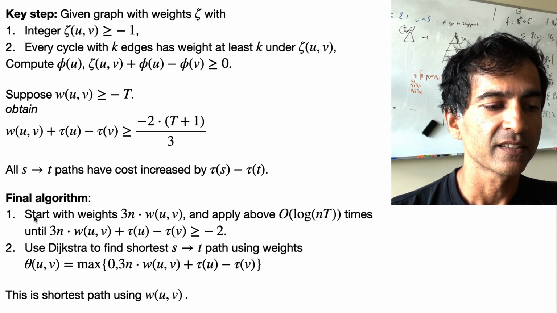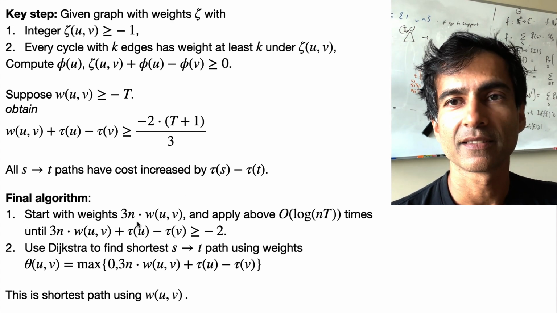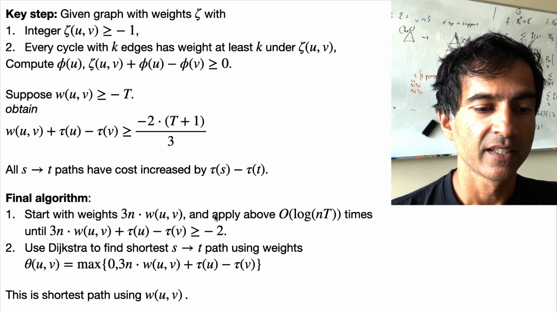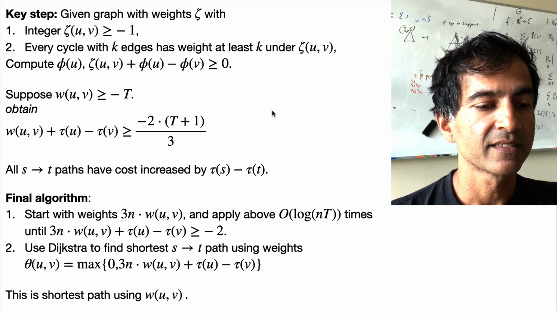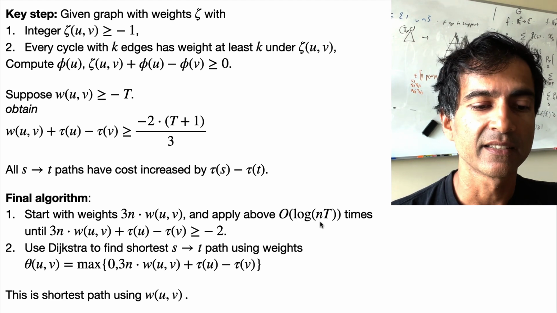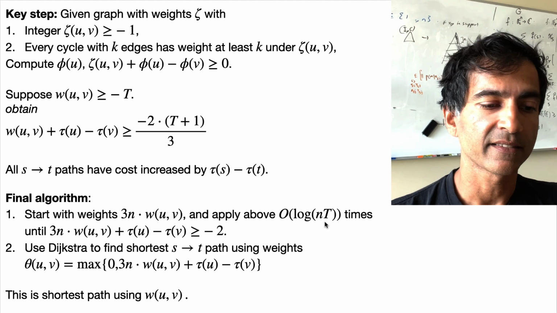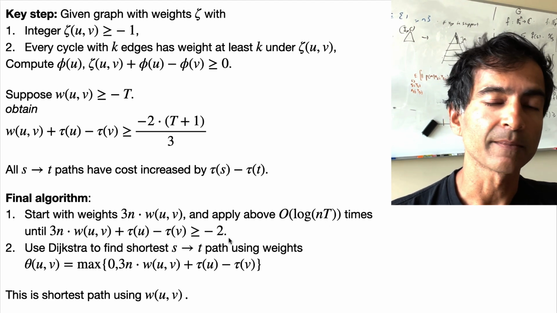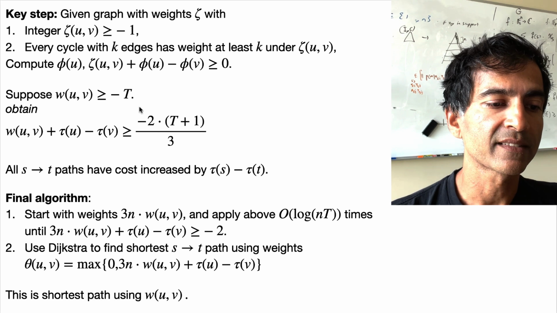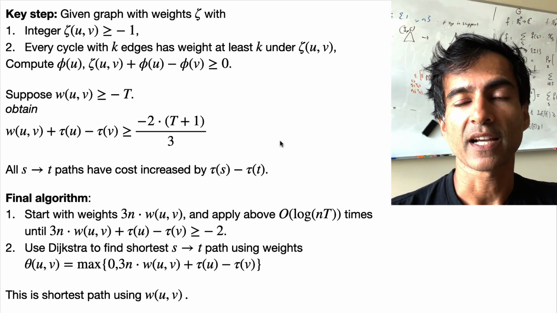So here's the final algorithm. Let's start by setting all weights to be 3n times the original weights, and apply the above process roughly log of n times t times, until the weights we obtain are all at least -2. Right? In every step, the negative weights decrease in magnitude by a constant factor.